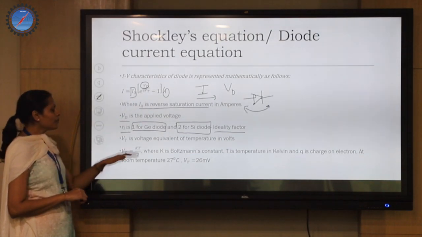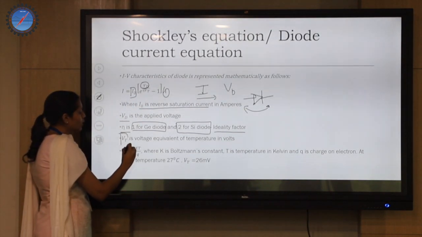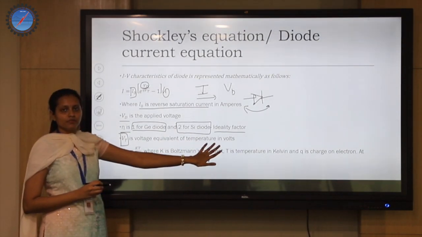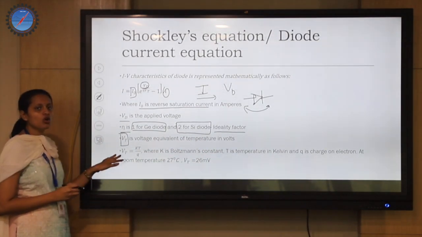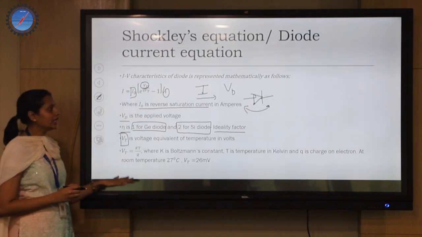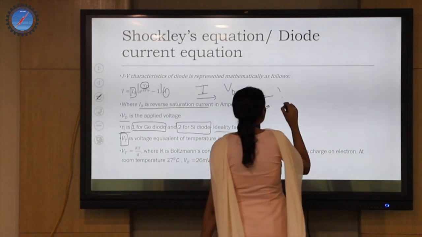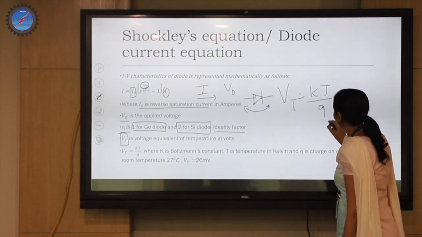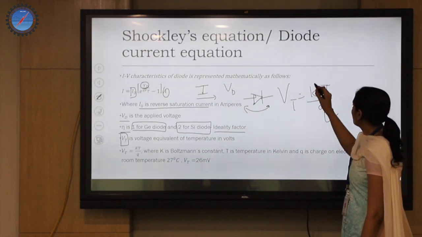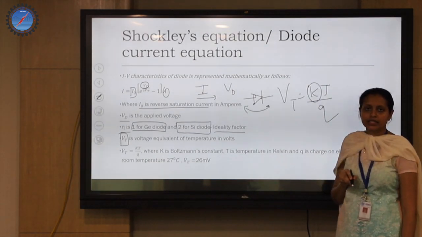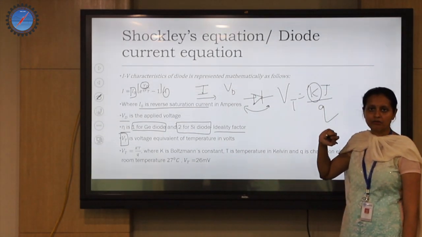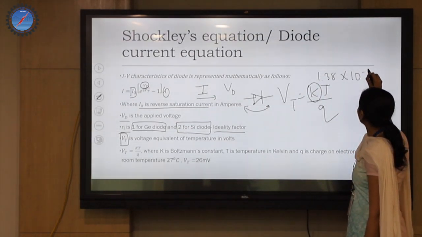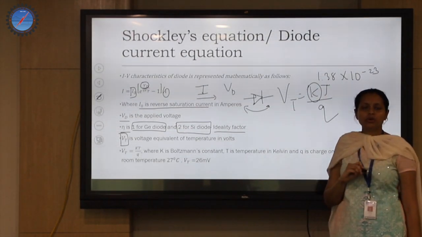And what is Vt? Vt is the thermal equivalent voltage. It is a voltage which depends on temperature. The thermal equivalent voltage Vt is given by kT by q. Here k is Boltzmann's constant. We know this value from basic physics: it is 1.38 into 10 to the power of minus 23 joule per degree Kelvin.